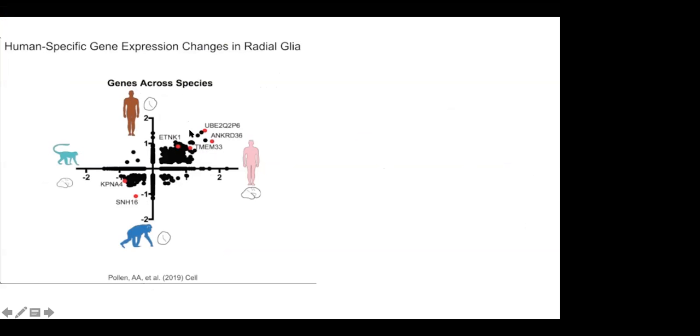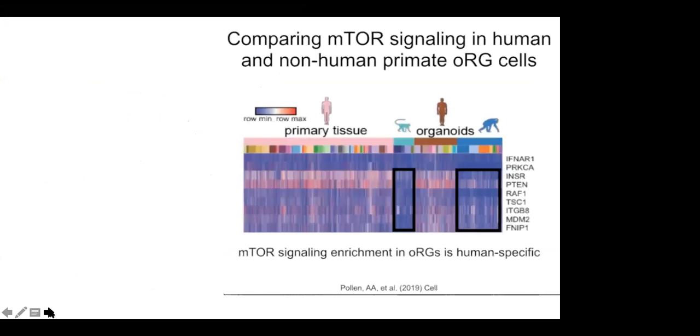They saw specific human-specific genes expressed in the radial glia which were not seen in the primates. Similarly, there were at least two genes expressed in primates but not in humans. One important take-home from this paper was that the organoids have mTOR signaling enrichment, which is very specific to humans. The primary tissue shows mTOR enrichment, and so do the organoids, but not the primates.